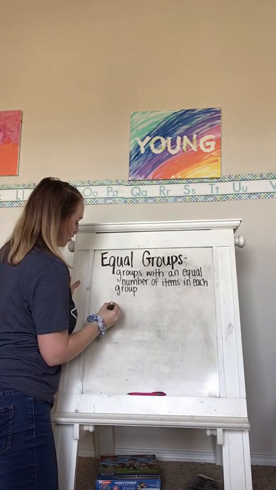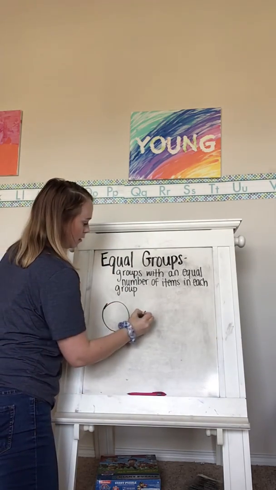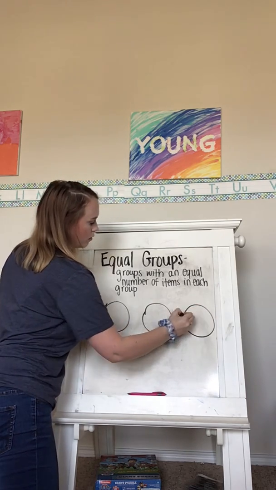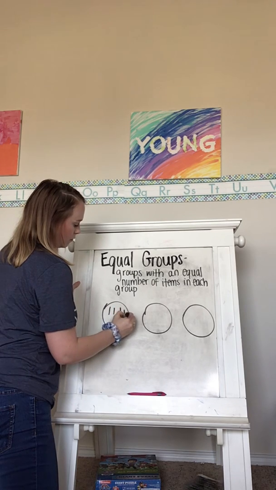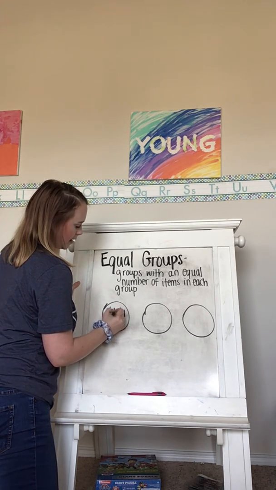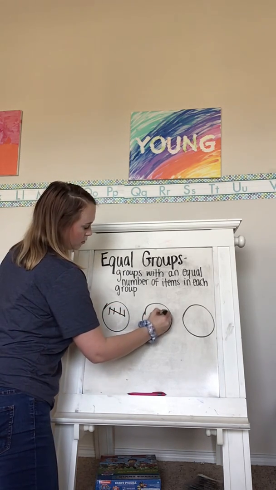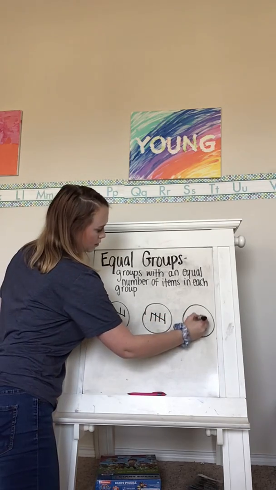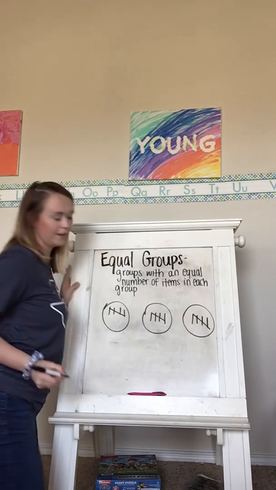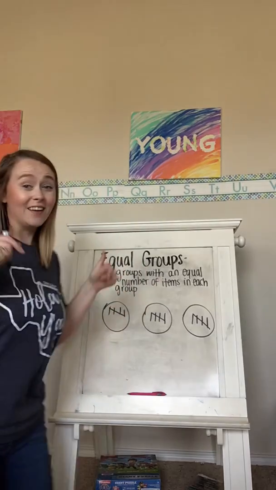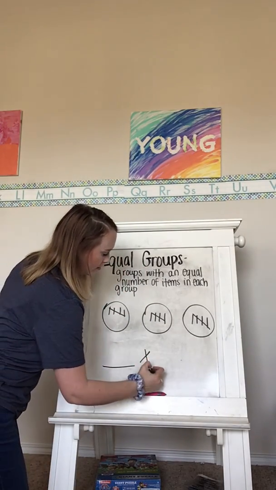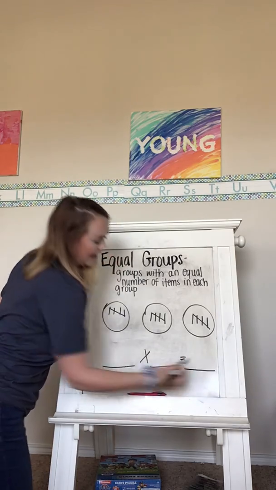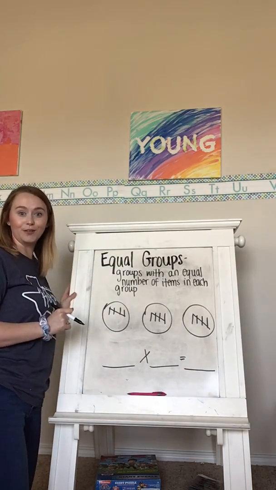Okay, so I'm going to do 1, 2, 3, and I'm going to do 1, 2, 3, 4, 5, 1, 2, 3, 4, 5, 1, 2, 3, 4, 5. Okay? So down in the comment box below, I want y'all to write the multiplication sentence and the answer that goes with this equal group.